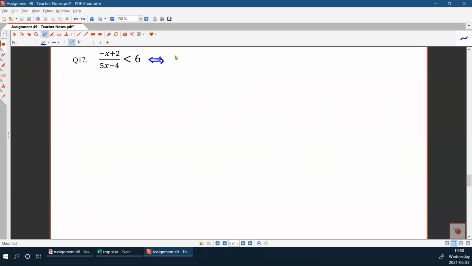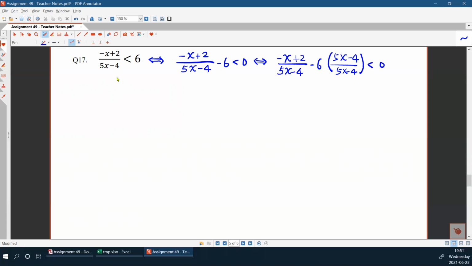So in this case, put everything on one side, for example, left-hand side, and rewrite the expression using the common denominator, which is 5x minus 4. Okay, (5x minus 4) over (5x minus 4), smaller than 0, right?